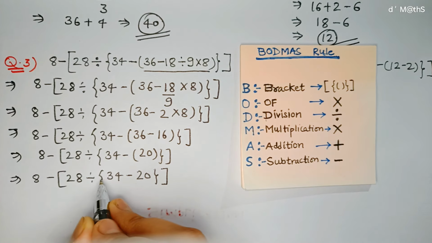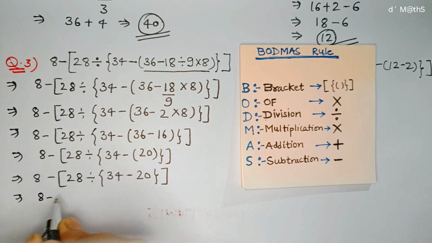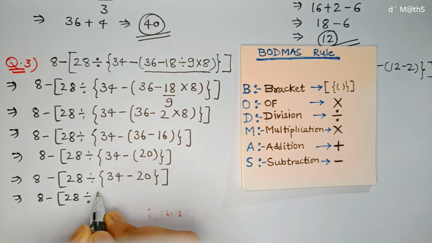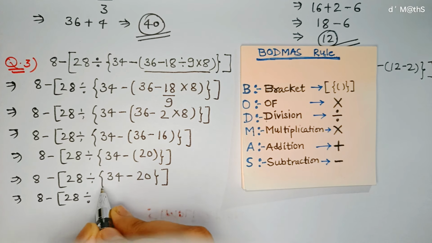You can call it curly or medium bracket. So again 8 minus big bracket 28 division, then 34 minus 20 under the curly bracket. You have to solve the bracket first, and then the other operation.